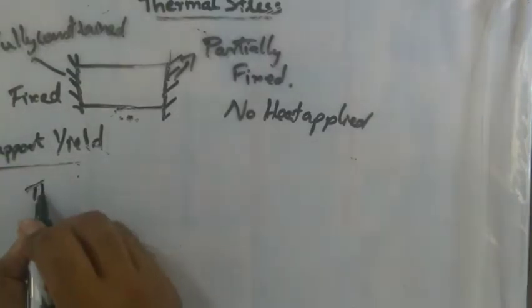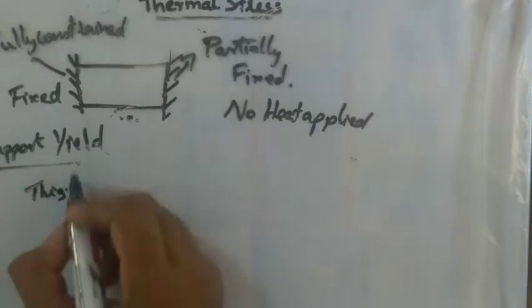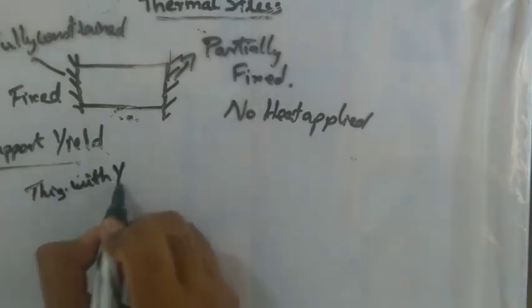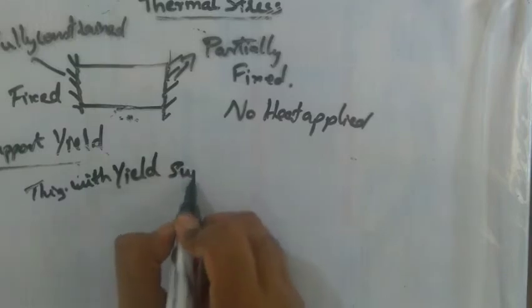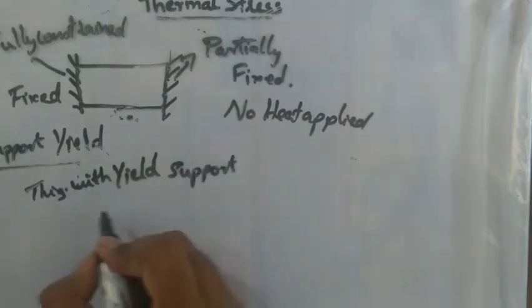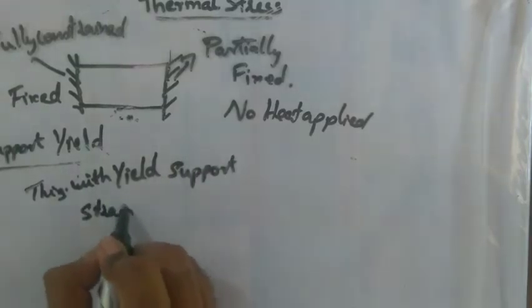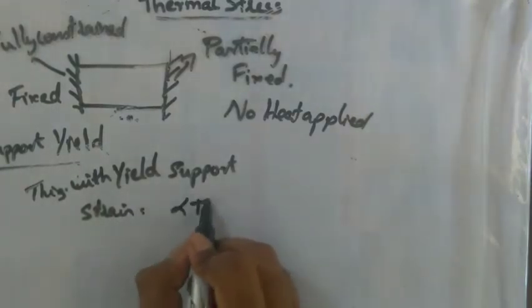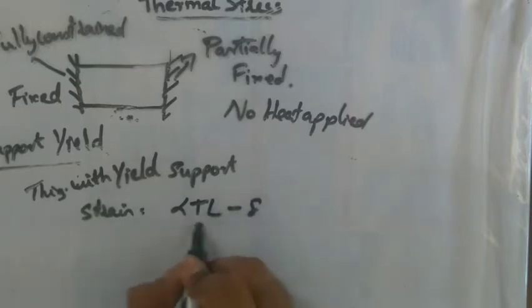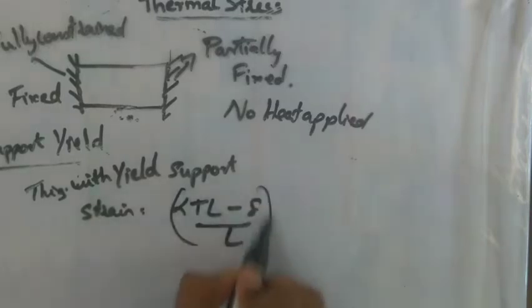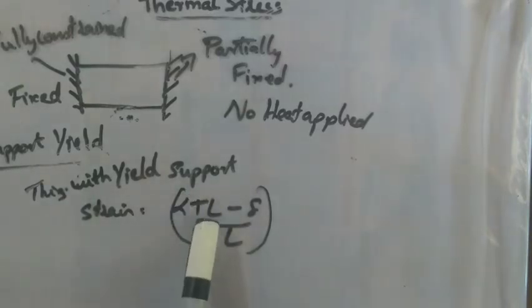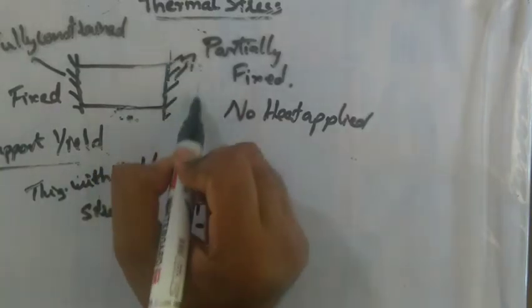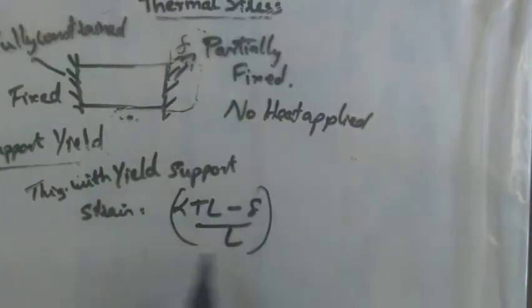Observe carefully. With yield support, the strain will become alpha T L minus delta, divided by L. Alpha T L is the change in length, minus the yield length delta, over the original length.